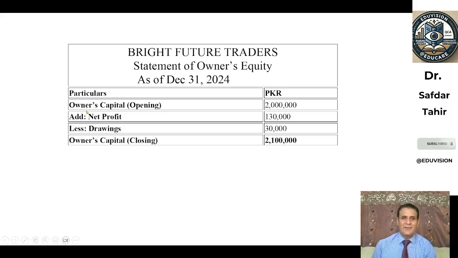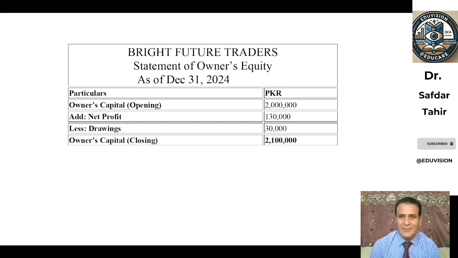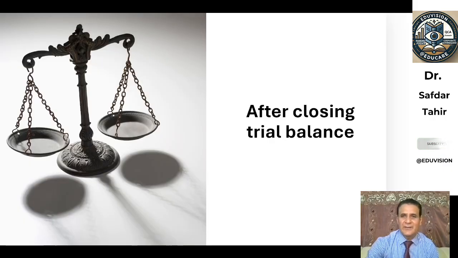You take the owner capital opening, that is 20 lakh rupees, add the net profit and less the drawing. The new capital is 21 lakh rupees. Certainly, the capital increased by 1 lakh, from 20 to 21. This is the statement of owner equity.